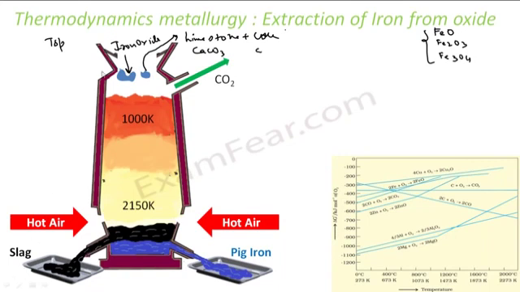The typical height of this blast furnace is almost 20 to 35 meters. It's very tall actually. And the width of this blast furnace is almost 6 to 14 meters. The width is more somewhere in the middle, and again it shrinks, so it is of this kind of shape.